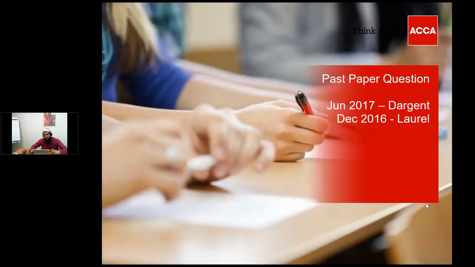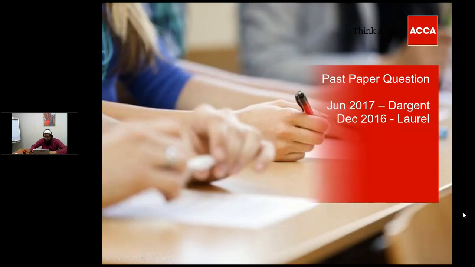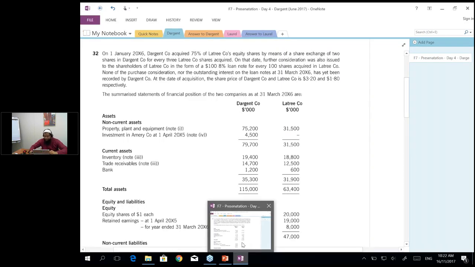Now let's solve a question so that you people can be able to understand in more detail. I'm moving towards the OneNote so that you people can understand easily. So this is a past papers question by the name of Dargent.